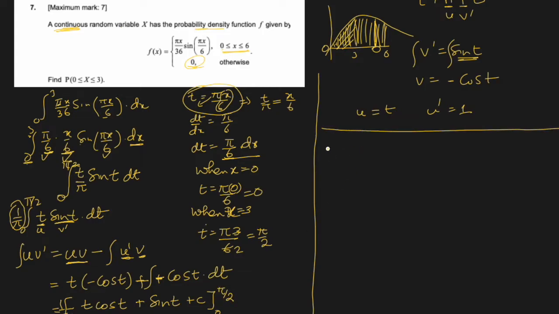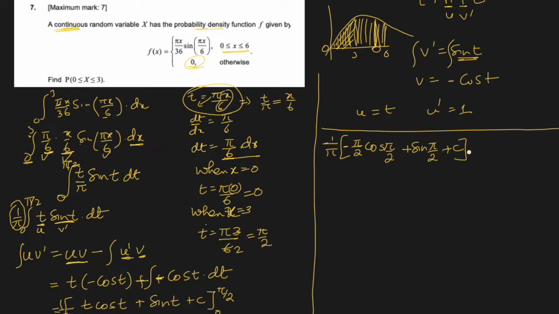Let's continue here. So 1 over pi, and substitute pi by 2 first, so it will be minus pi by 2 cos pi by 2 plus sine pi by 2 plus c.